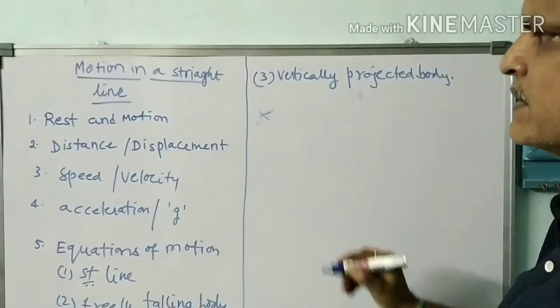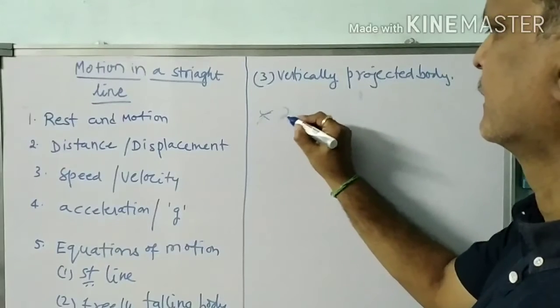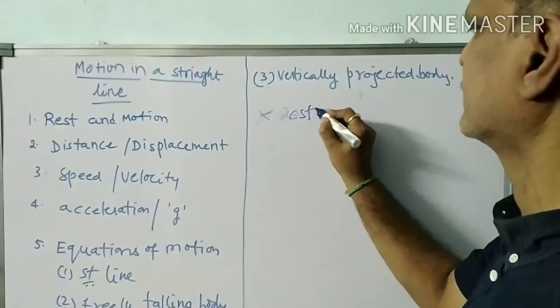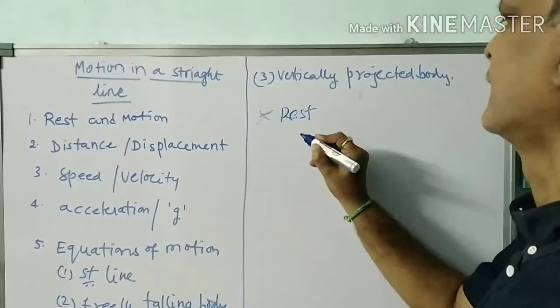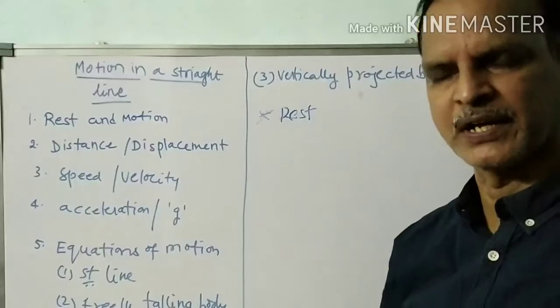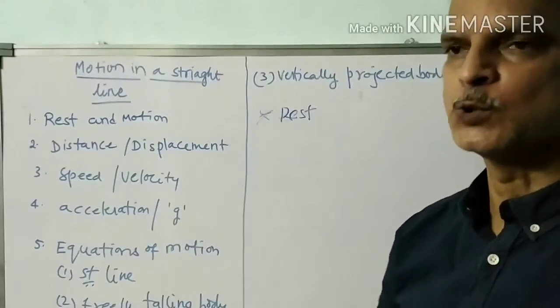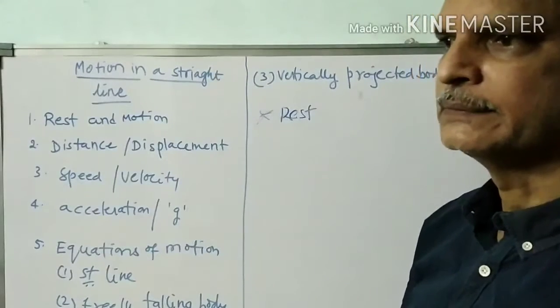Now first, what is meant by rest and motion? We all know what rest is. A body is said to be at rest if it does not change its position with respect to time and surroundings.